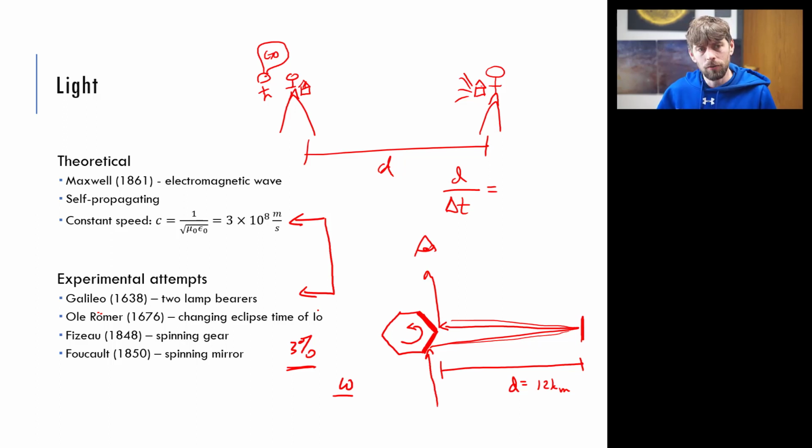I should point out here that this idea that the speed of light is constant from the theoretical standpoint still took about 40 years to firmly ferment in scientists' minds. In fact, up until 1901, Michelson and Morley did not necessarily believe the speed of light was constant.